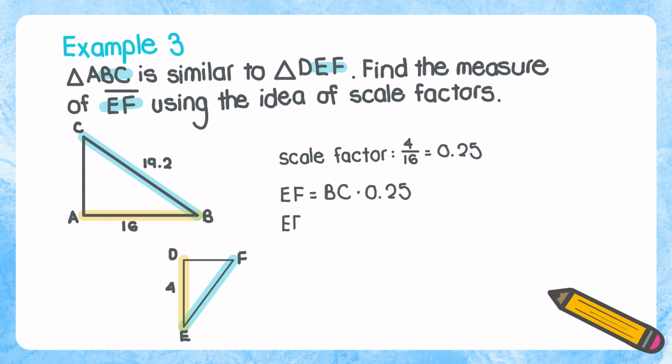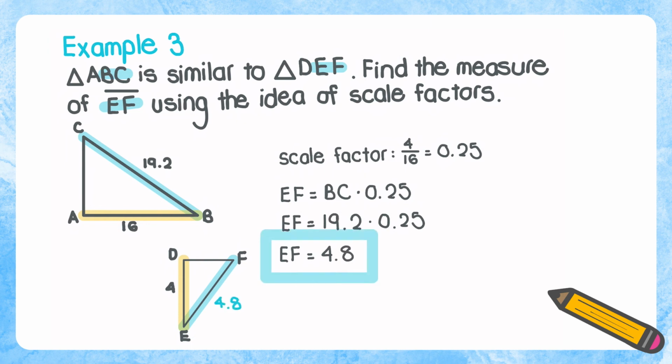We know that the length of side BC equals 19.2. So 19.2 times 0.25. Go ahead and plug this into your calculator, see what you get. Side EF equals 4.8. So in this example, we saw that the triangle can sometimes be rotated. So the triangles are still similar, but it's not just a dilated copy, it's also rotated. Also here, notice how the scale factor is less than 1, and notice how the second triangle shrinks compared to the original one.